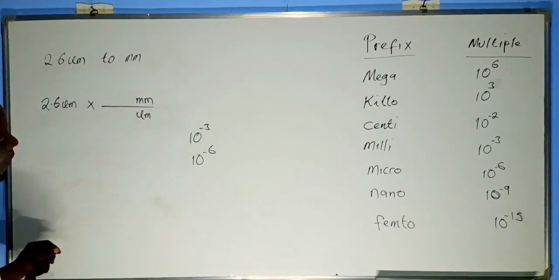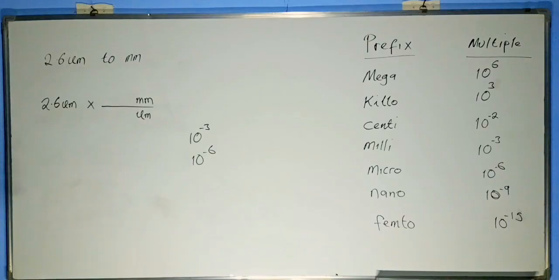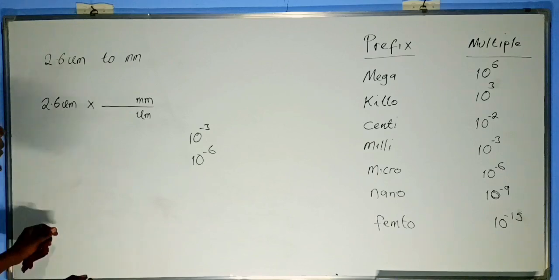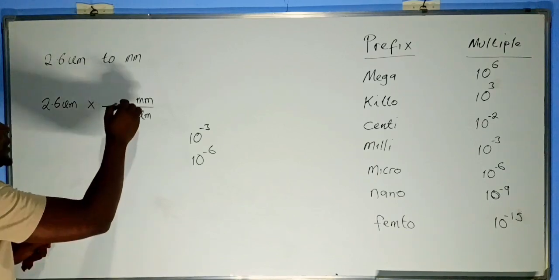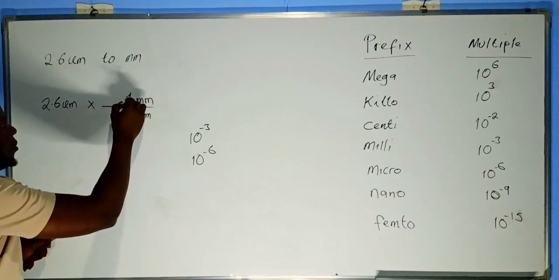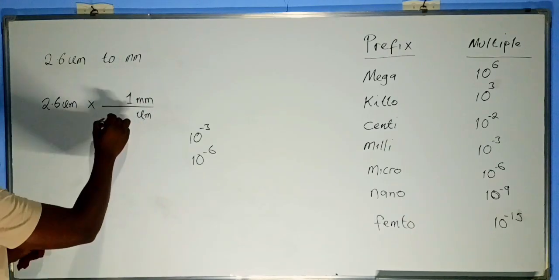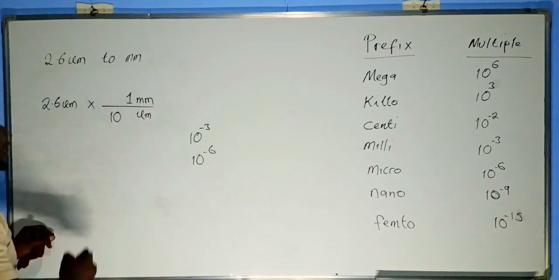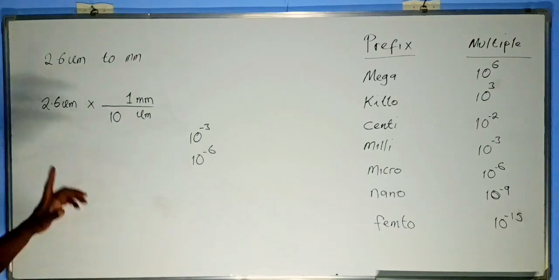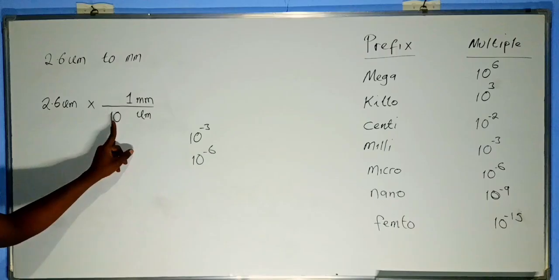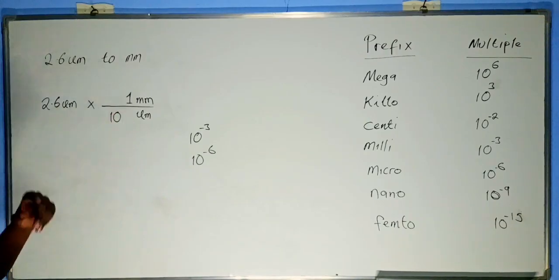Between micro and milli, we can see milli has minus 3 and micro has minus 6. Between the two, minus 3 is bigger and minus 6 is the smaller one. So micro is smaller than milli. That implies we put a 1 on the bigger unit, which is milli, and put a 10 on the smaller unit. Now, this 10 is not going to be alone like this. It needs to be given a certain power.